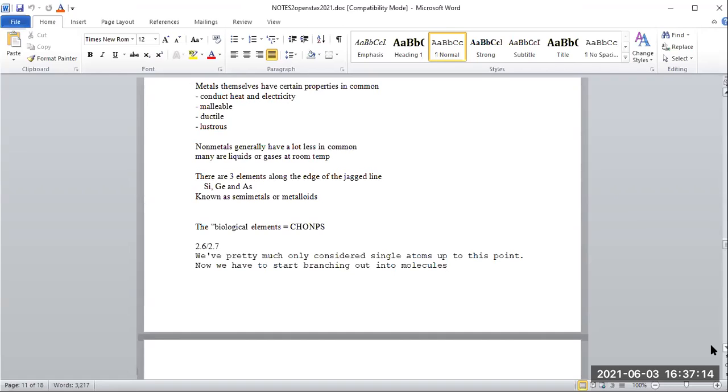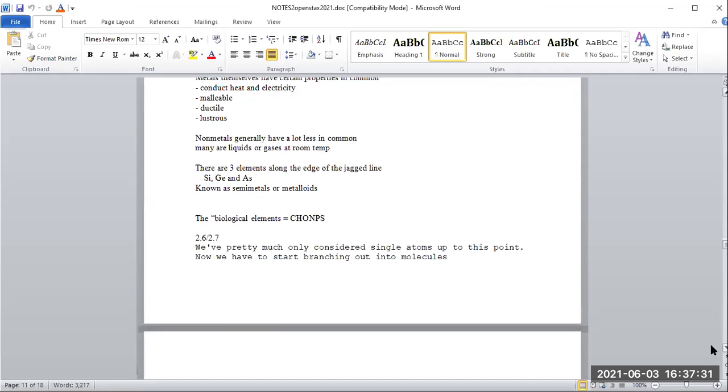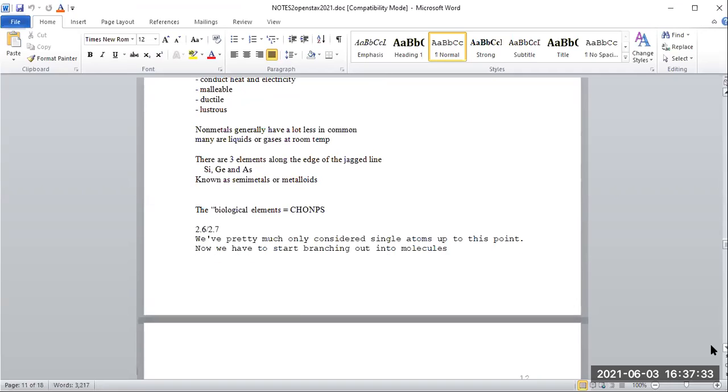The silicon, the germanium, and the arsenic, those are guaranteed to be semi-metals / metalloids. And then we kind of revisit for just a moment that whole biological elements idea. Carbon, hydrogen, oxygen, nitrogen, phosphorus, and sulfur.